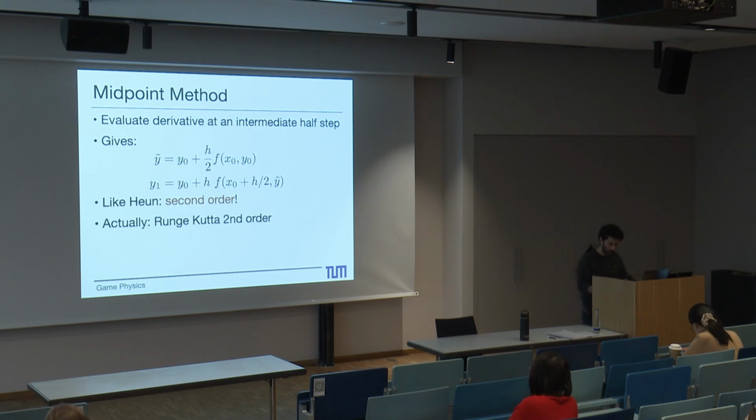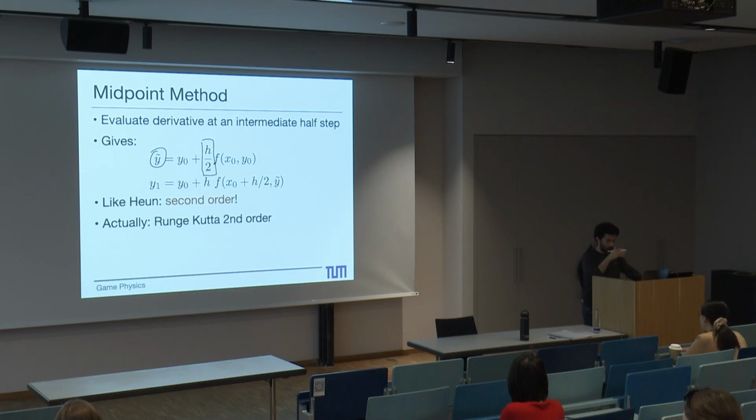You can see that now our step is half of the actual value that we are taking, and we can have y tilde, which in this case is not a full step but just reaches up to the midpoint, an intermediate step, so to speak, and then we use the knowledge of the function at this intermediate step.